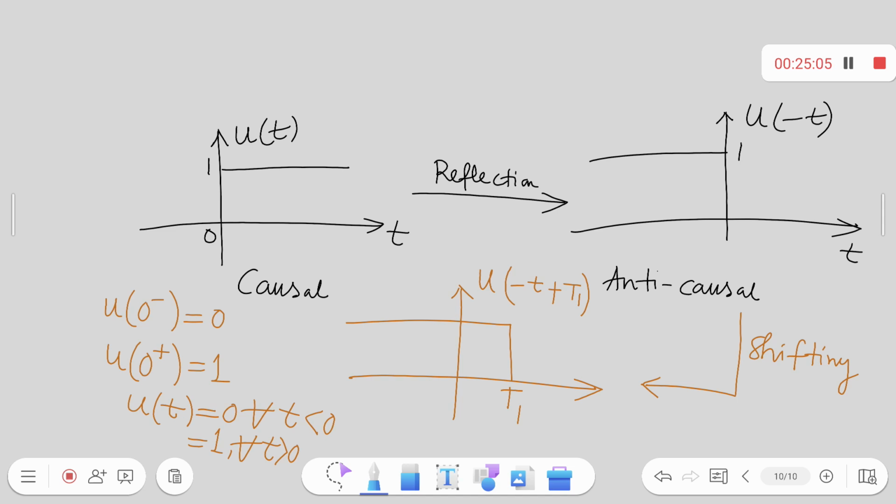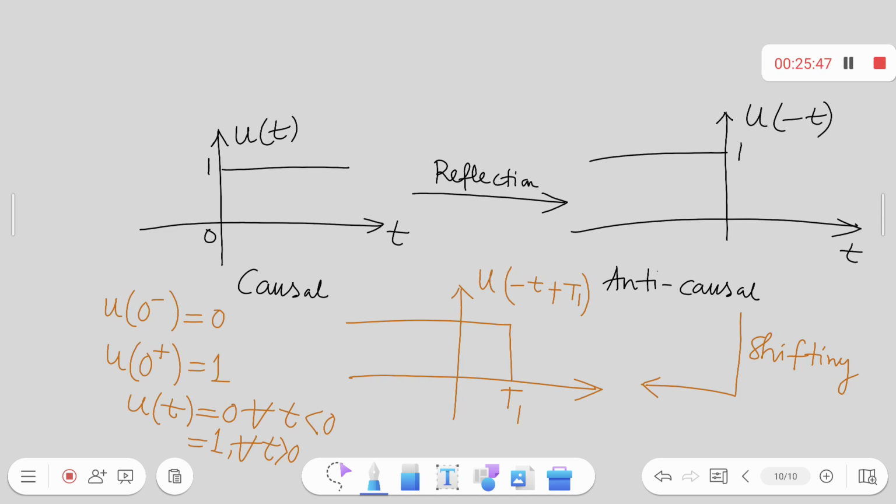You have u of t. If you shift in the right-hand side direction, it should be u of t minus t1. Left shift is u of t plus t1. But remember that the shifting was performed not on u of t, rather on u of minus t. Since the shifting was performed on the reflected signal, the traditional notation of positive shifting by minus and negative shifting by plus gets reversed.